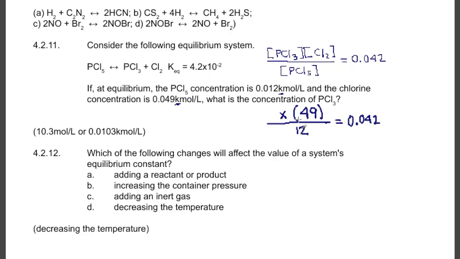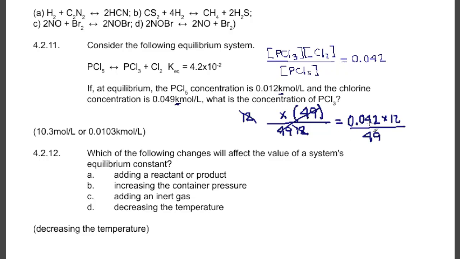So if we want X alone, right now it's divided by 12 and multiplied by 49. If we multiply by 12 on both sides, the 12s will cancel. If we divide by 49 on both sides, the 49s will cancel.